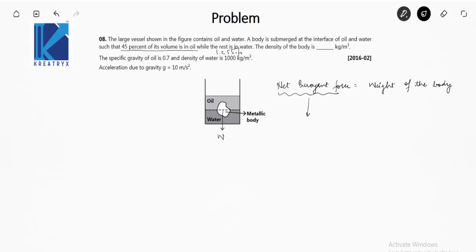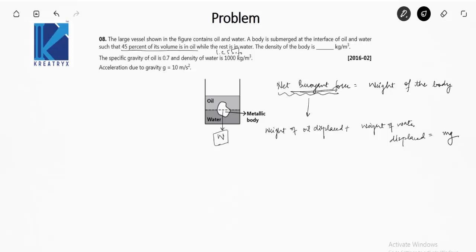So the net buoyant force by oil and water becomes equal to the weight of the body. This will be equal to weight of oil displaced plus weight of water displaced, and that will be equal to mg. Let m be the mass of the body.